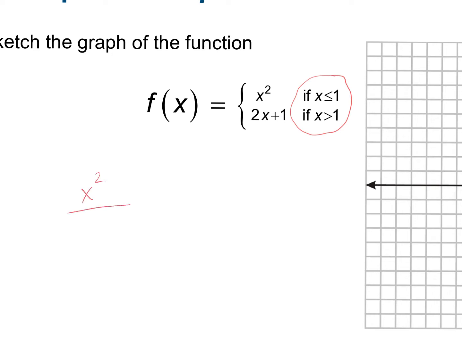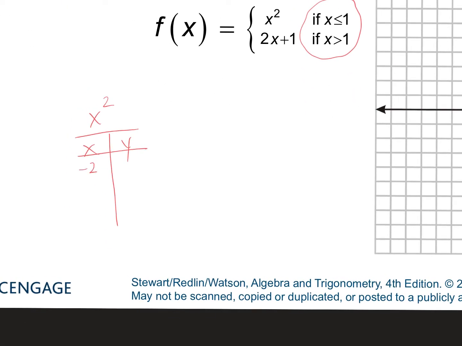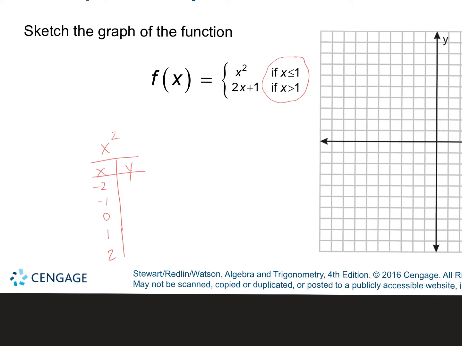So the first one I'm going to do in red, x squared. Let's make a table of values for x squared. X and y. We'll plug in -2, -1, 0, 1, and 2. If I plug in -2, what's -2 squared? 4. If I plug in -1, what's -1 squared? 1.